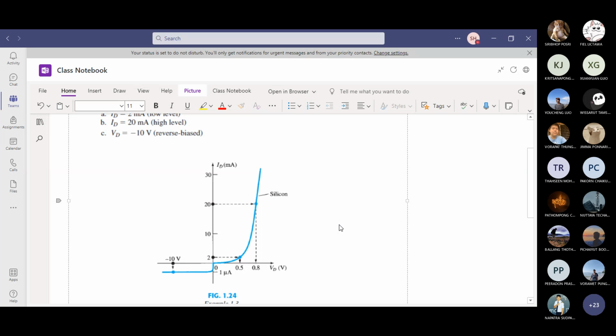Two milliamp. What is the corresponding voltage at 2 milliamp? 0.5. Okay, so please give us the resistance value at this point.